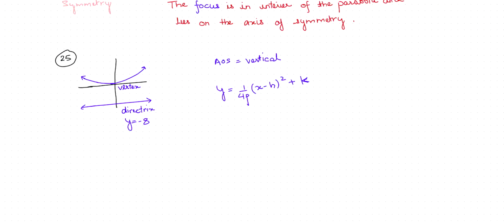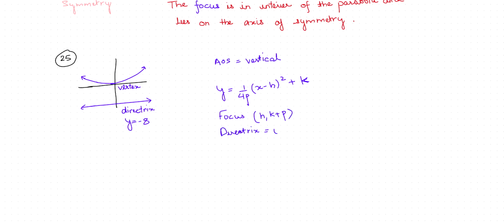And the focus for a vertical parabola is (h, k plus p). Okay, and the directrix is y equals k minus p.